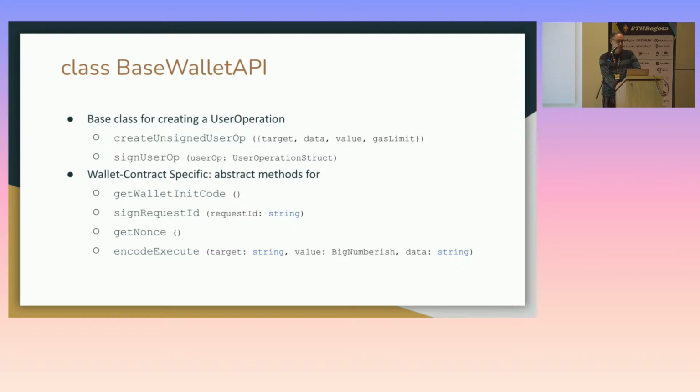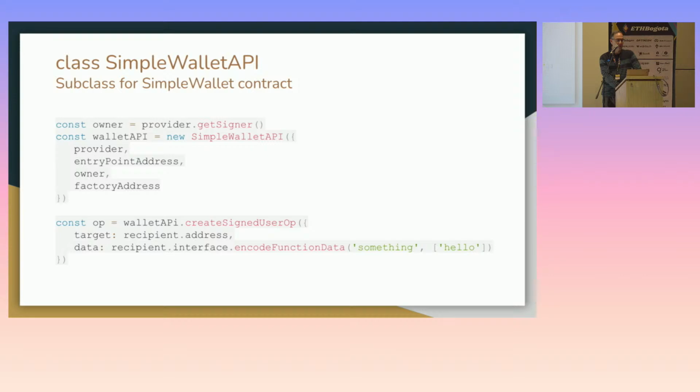to make this call. And in our sample contract, we have a contract we call a simple wallet. So we created a simple wallet API. It uses this base wallet API and implements, for our contract, the above 4 methods.